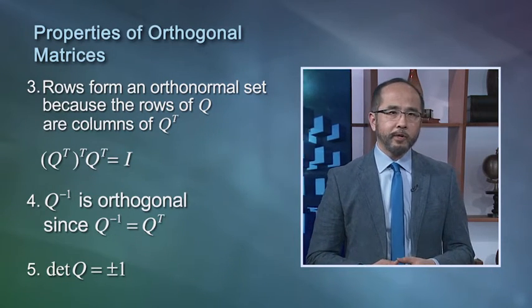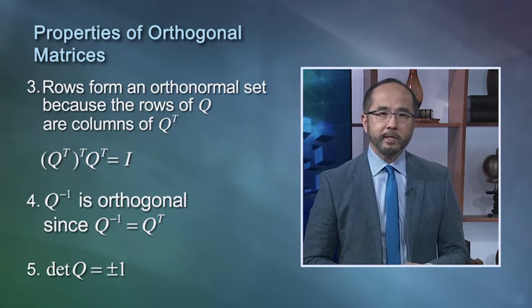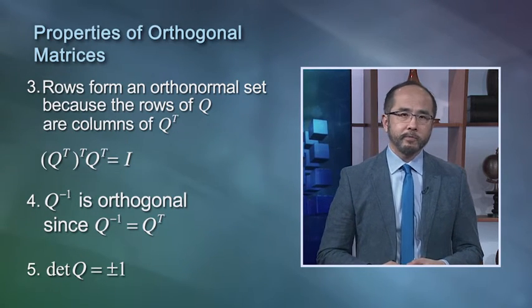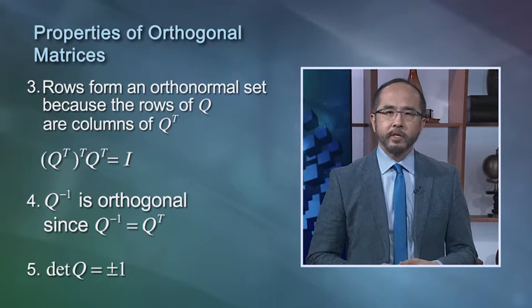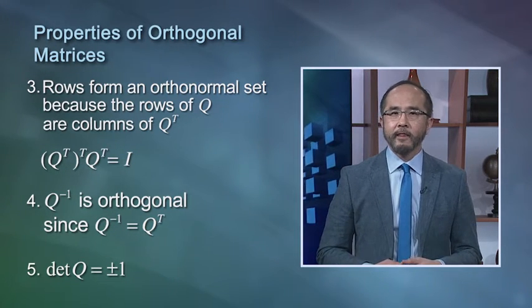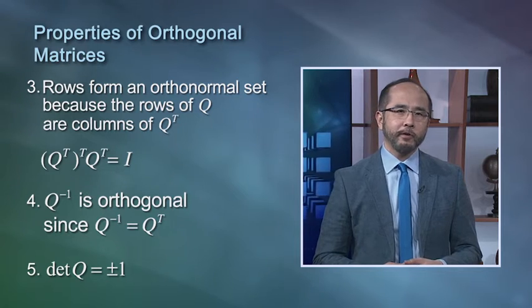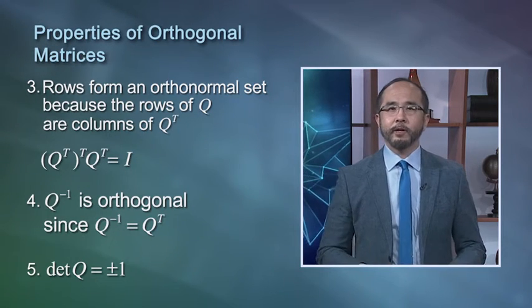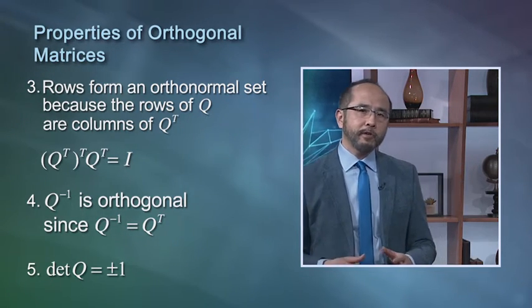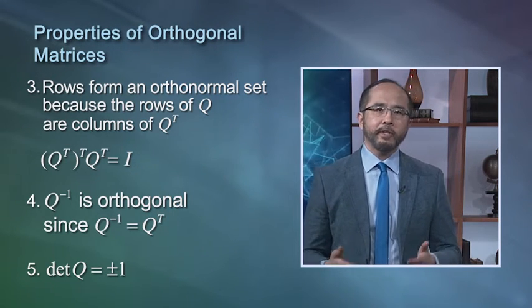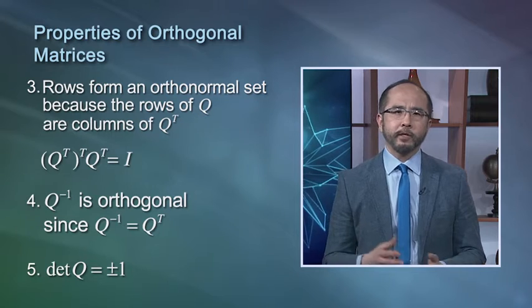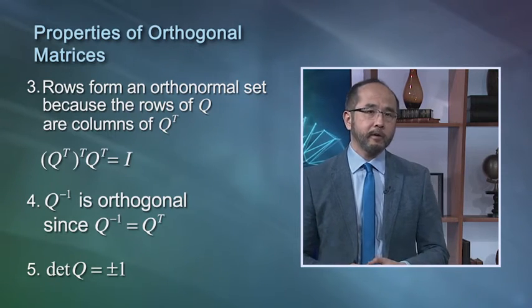But the determinant of Q transpose is, if you recall, just the same as the determinant of Q. So this means the determinant of Q squared is 1. And that means the determinant of Q has to be plus or minus 1. If the determinant of Q is minus 1, then the negative determinant is a clue that the action of Q does some kind of reflection without changing distances or angles.